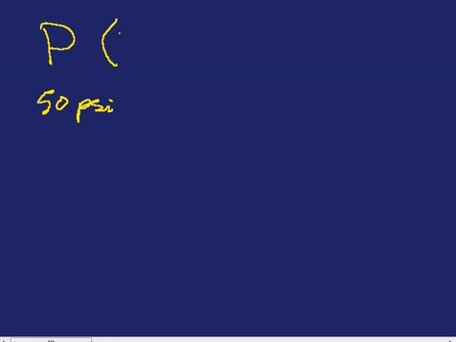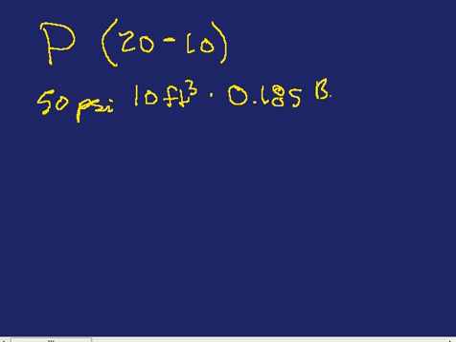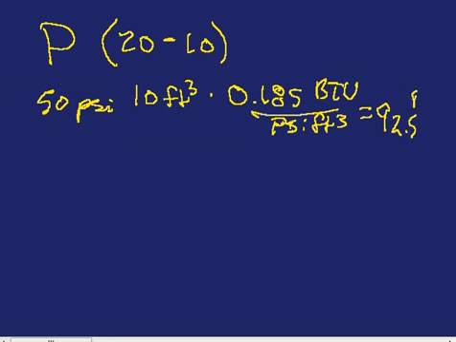Remember, the volume doubled is the statement of our problem. 20 minus 10: 50 psi times a change of 10 feet cubed. 500 psi feet cubed times 0.185 BTUs per psi foot cubed. And that comes out to approximately 92.5 BTUs.